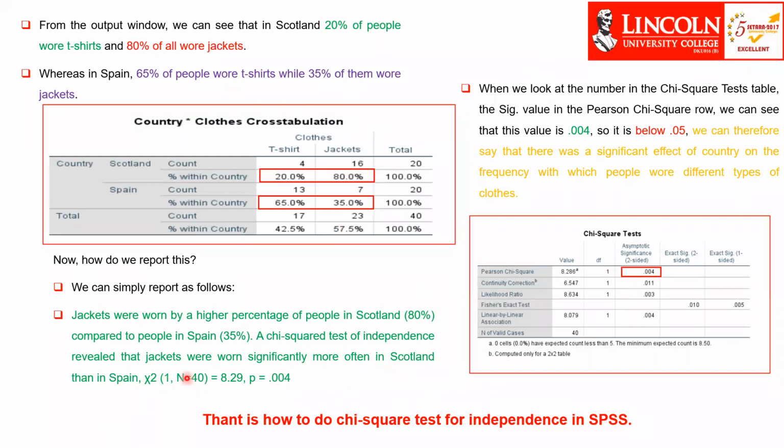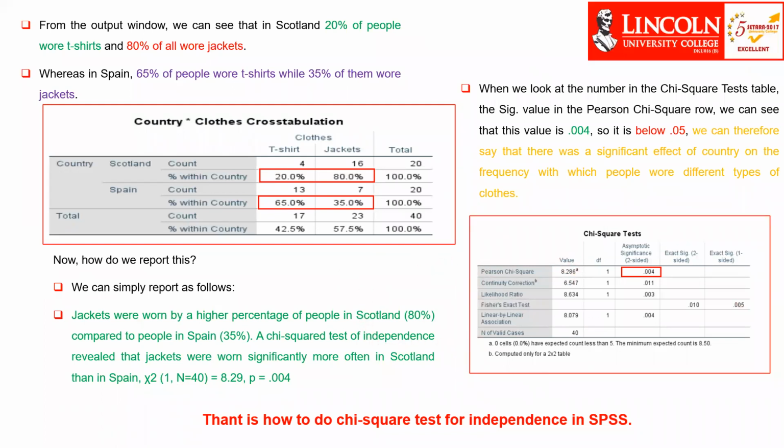And n is 40, which is the number of valid cases. Your chi-square value is 8.29; here you have 8.286, so rounded to 2 decimal places, you have 8.29. And of course, your p-value is 0.004. So this is how to report a chi-square test and how to compute a chi-square test in SPSS.